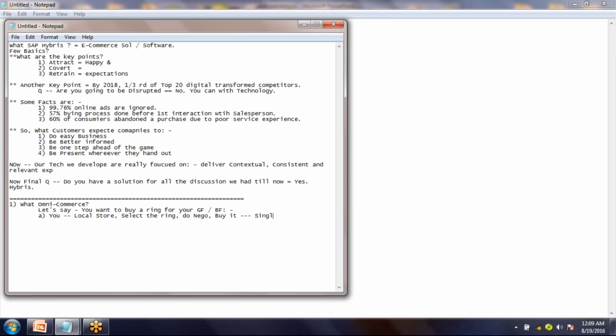This is called single channel. If you look here, you are going to the local store, selecting the ring out of 100 rings, then doing the negotiation, then buying it. That means you are doing it one by one. This is called single channel.